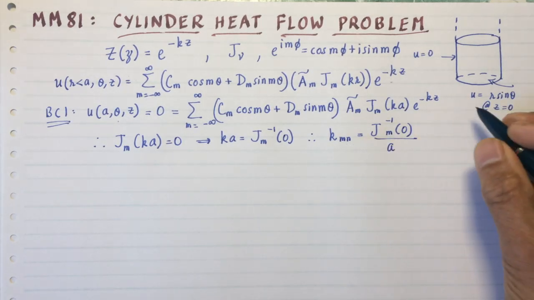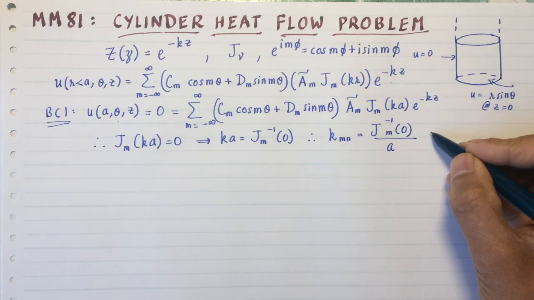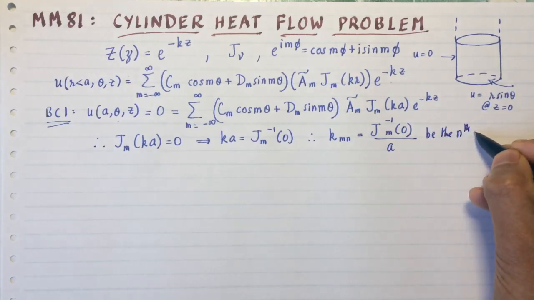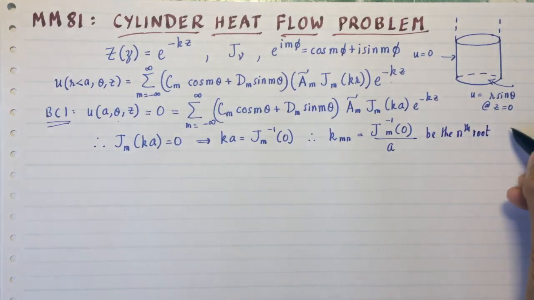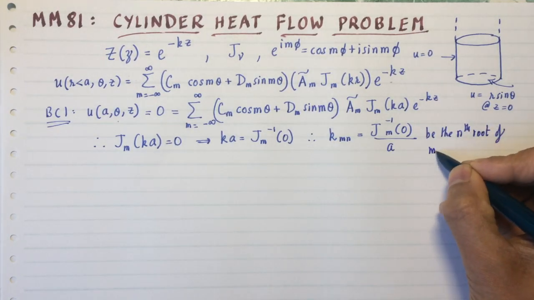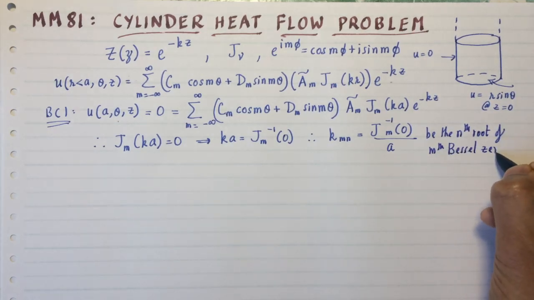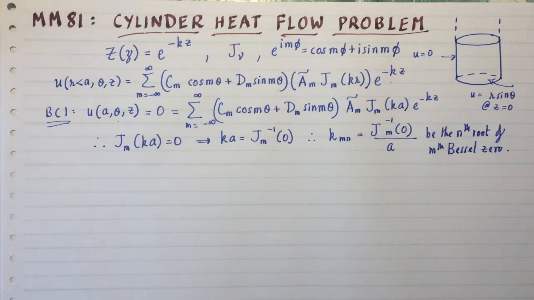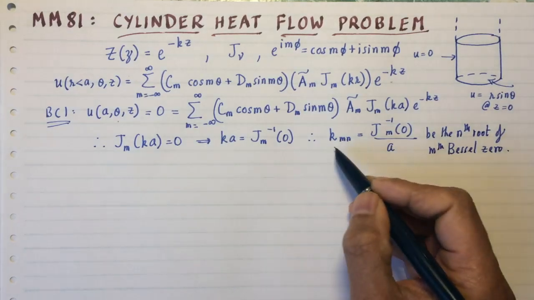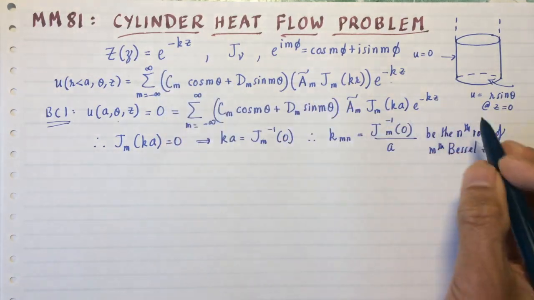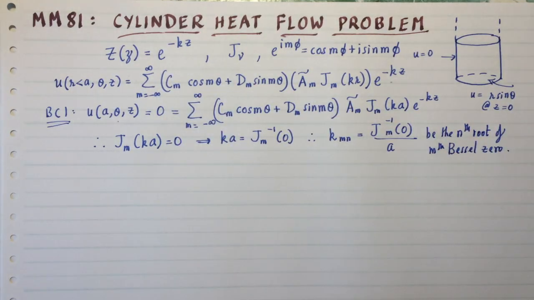So let k_mn be the nth root of the mth Bessel zero. So that's like a double infinity index, because m goes from minus infinity to plus infinity, and n also, there's an infinite number of them. So you're going to have a fairly complicated situation already.